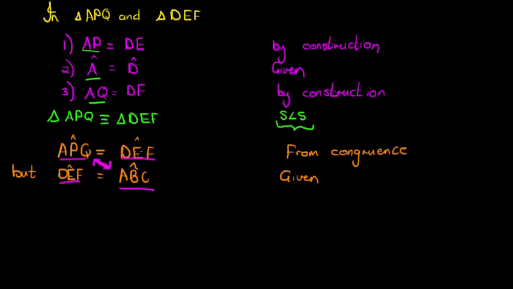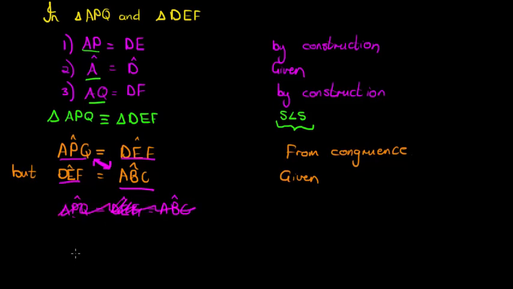If the left is equal to the middle, and the middle is equal to the right, then I can exclude the middle. I can say that these two are equal to each other.